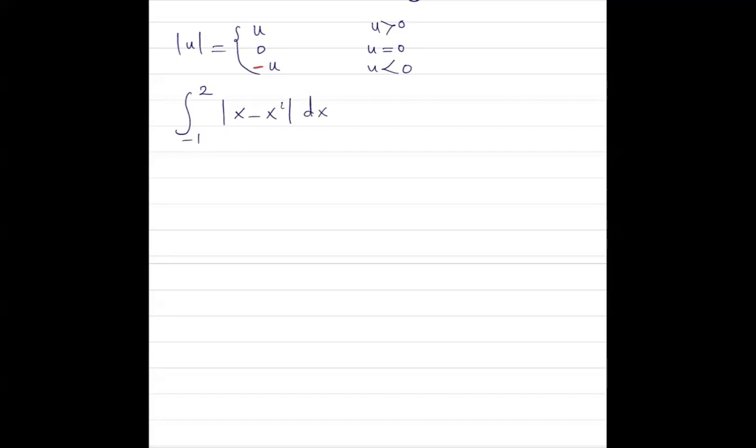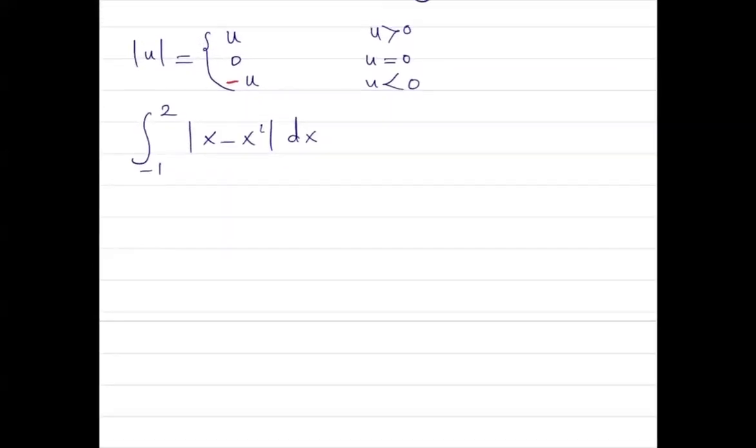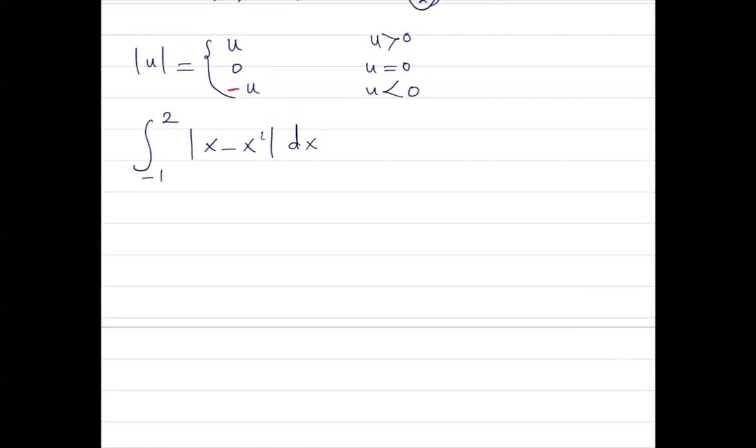So this u is now your absolute value of x minus x squared. Let's break it down a little bit. So my u is x minus x squared, right?